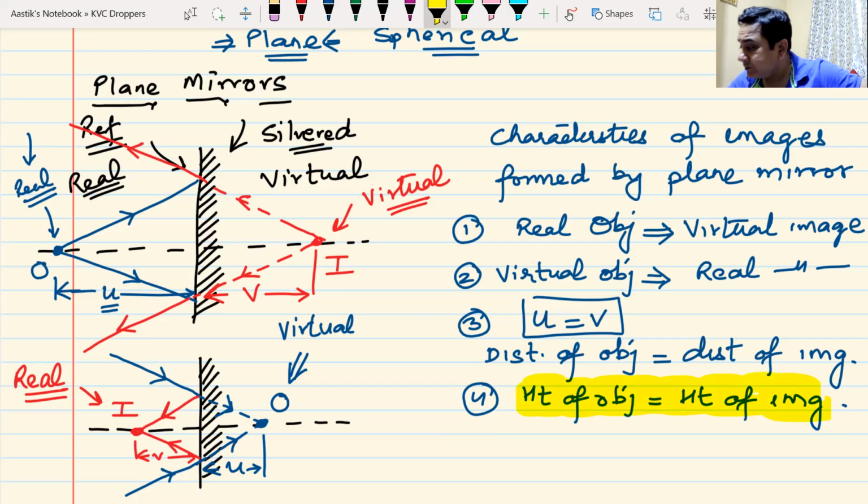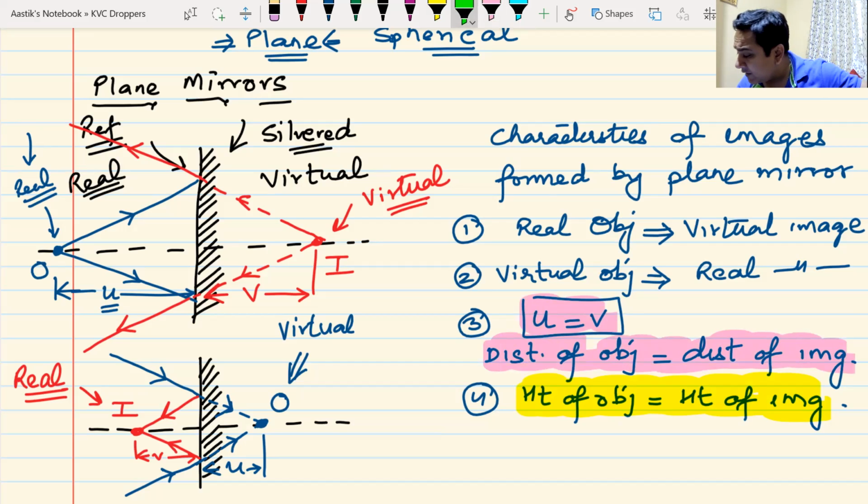Now remember, and we will see in the coming classes, and you will be able to understand. Here I have written the distance of the object is same as the distance of the image, or u is equal to v. And in point number 4, I have written height of the object is same as height of the image.